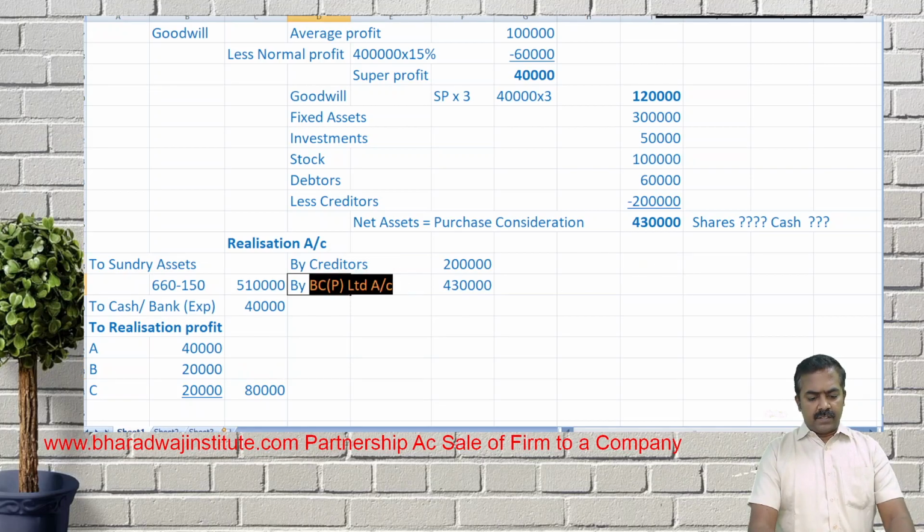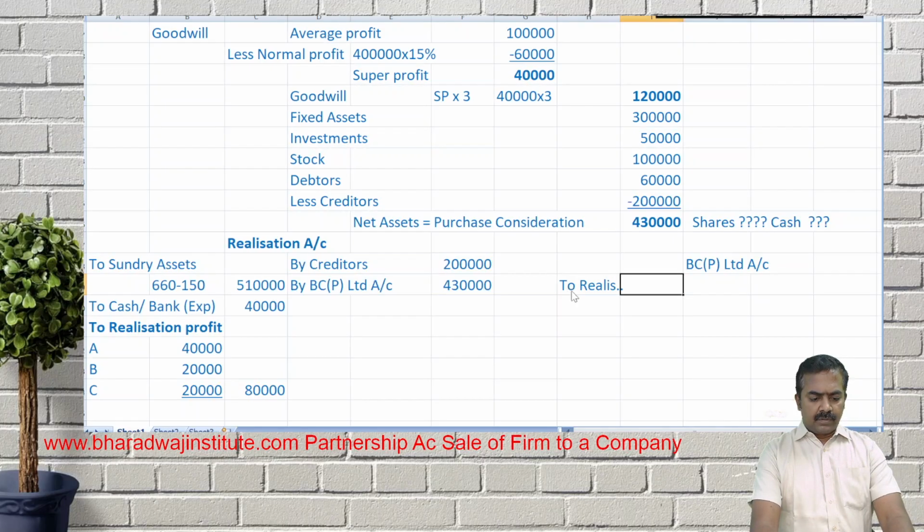So when you prepare the purchasing company account, to realization, how much will it be? 4,30,000 is okay. How many shares in BC? 10,000 shares. The value we do not know.